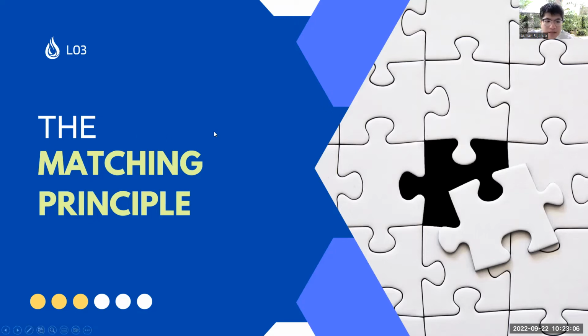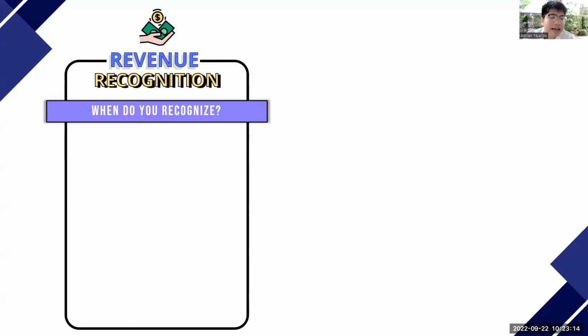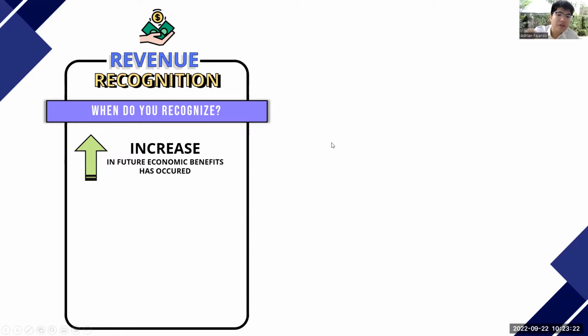And for this, we have to take a step back and ask ourselves, when do we recognize revenue, right? Going back to the classic definition of revenue, you record revenue every time there's an increase in future economic benefits.